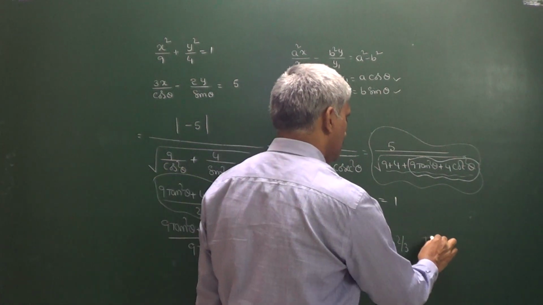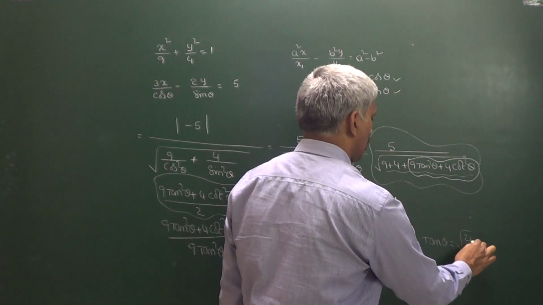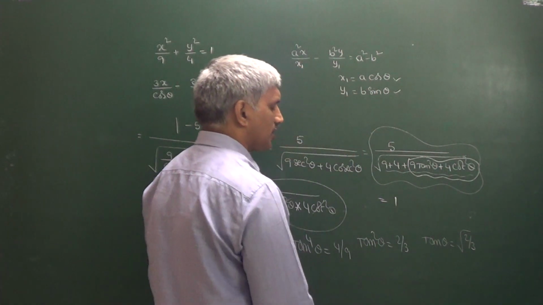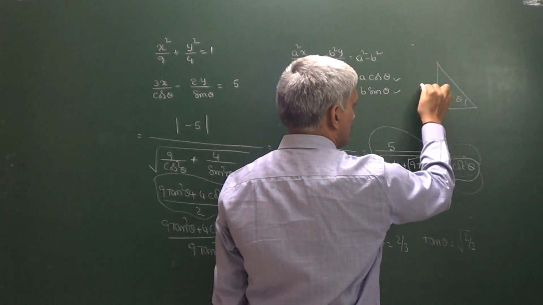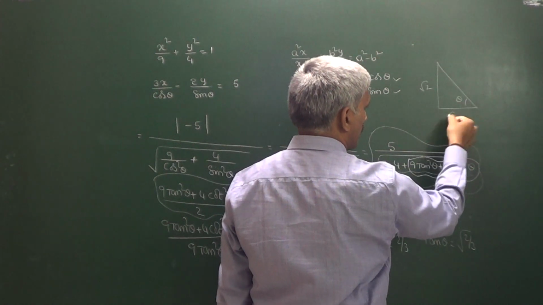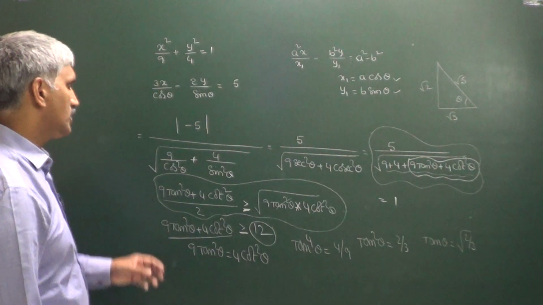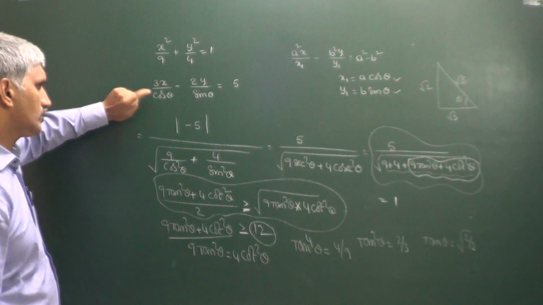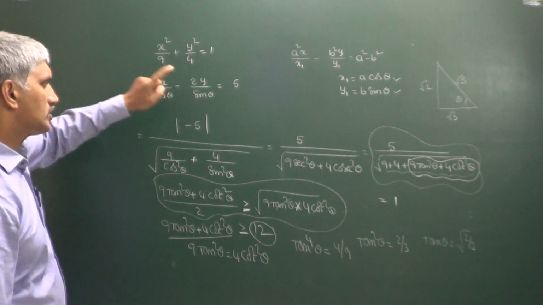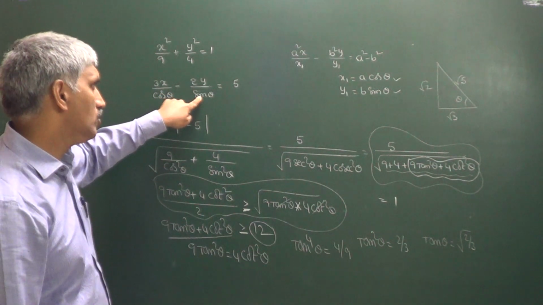Now I can write tan theta is equal to root 2 by root 3. You can write this side as root 2 and this one as root 3, then automatically the hypotenuse becomes root 5. So we can write cos theta is equal to root 3 by root 5, and sin theta is equal to root 2 divided by root 5.